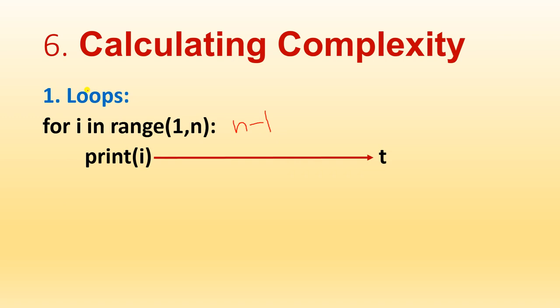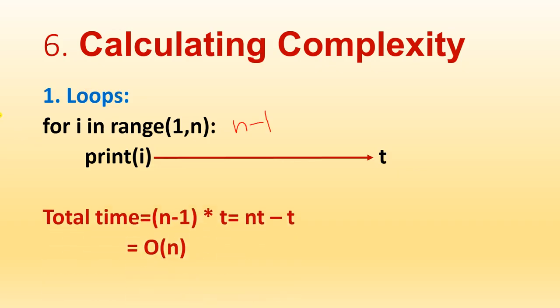So this loop will execute 1 to n minus 1 times, and then the condition evaluates to false and the loop terminates without executing the body. To calculate the complexity, we calculate the total time: n minus 1 multiplied by t, where t is the constant.